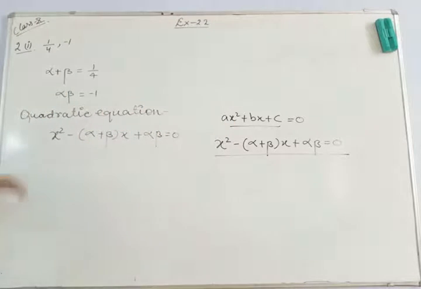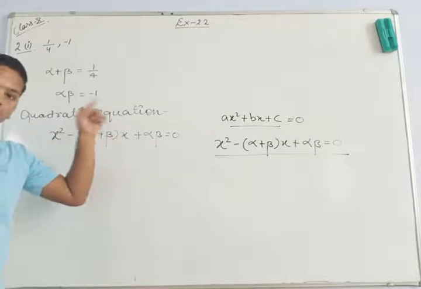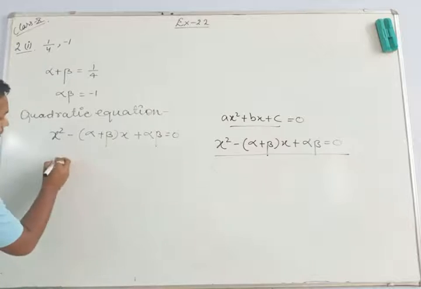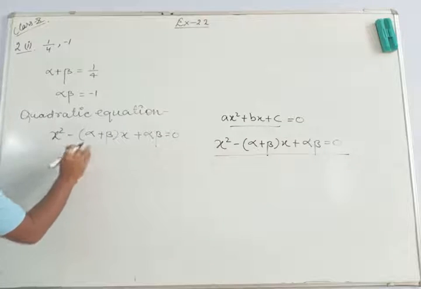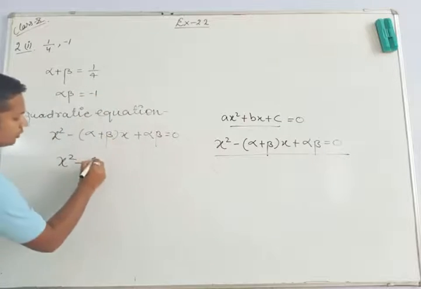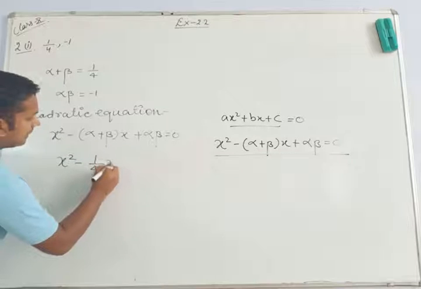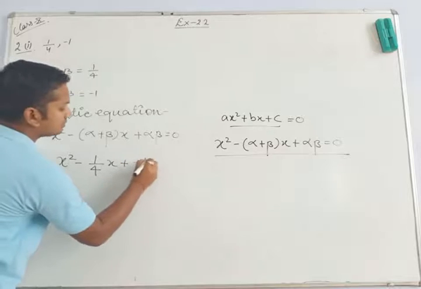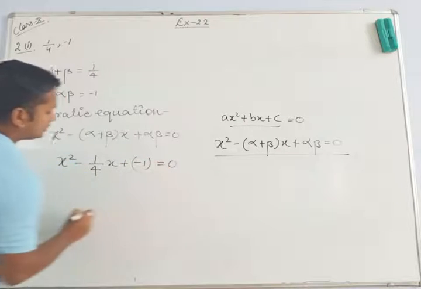Okay, so here the sum of zeros alpha plus beta equals to 1 upon 4 and the multiplication of zeros alpha into beta equals to minus 1. So we will be putting it here in this equation. Now x square minus alpha plus beta, meaning 1 upon 4, x plus alpha into beta, meaning minus 1, equals to 0.